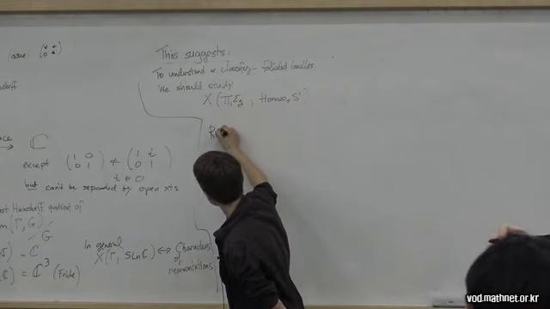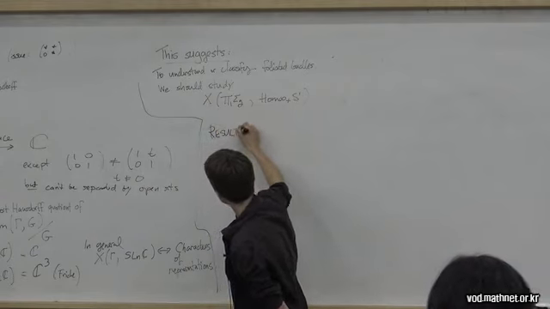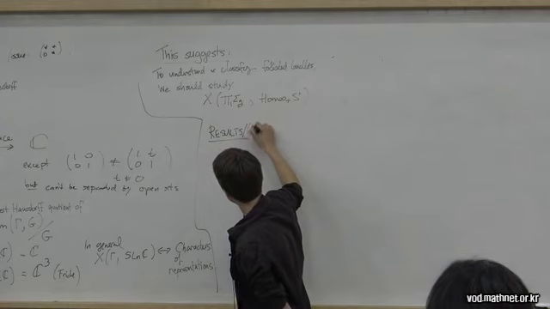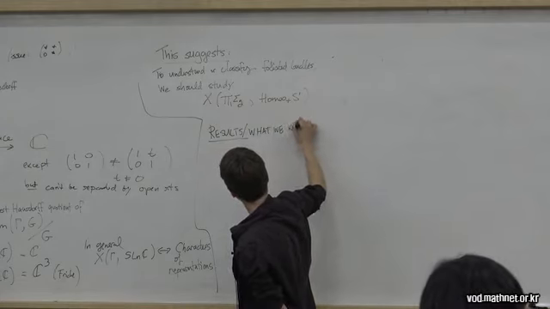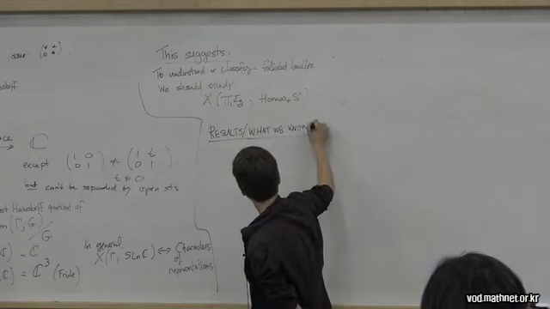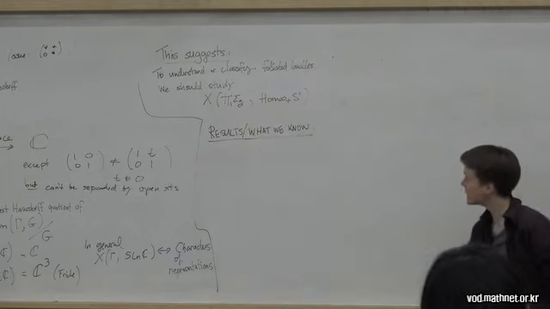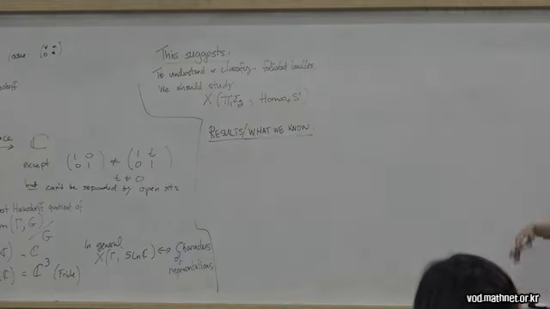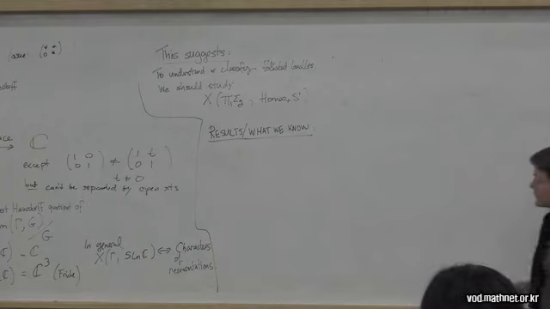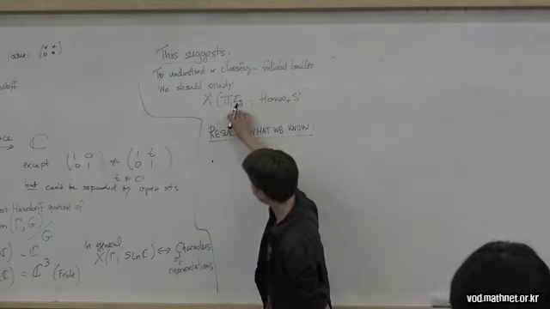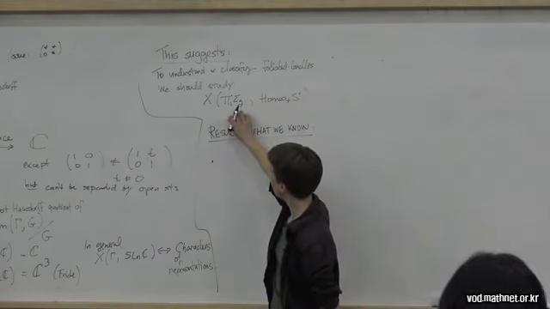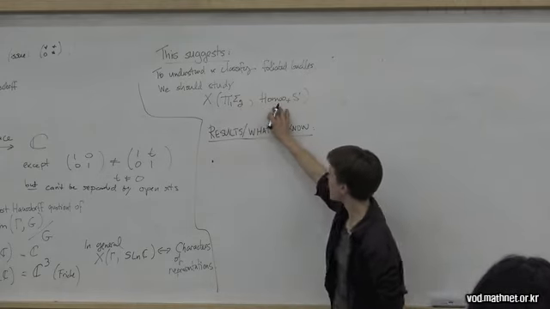So here's a list of results, or what we know. I'll make a list of things due to various people, and then we'll explain who they're from and how they work as we go along. So one is: points of this space are not representations up to conjugacy.